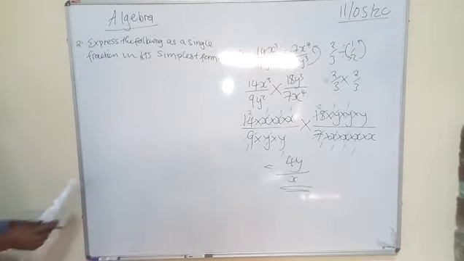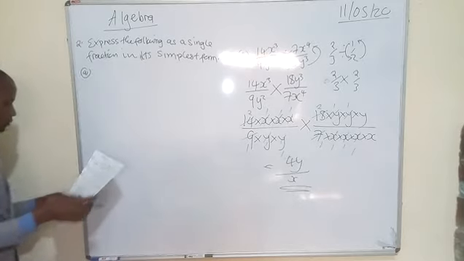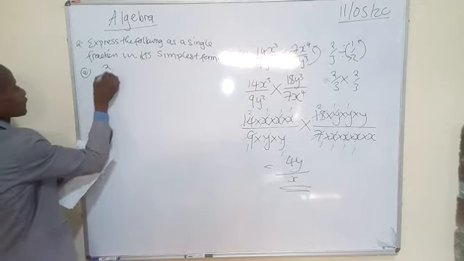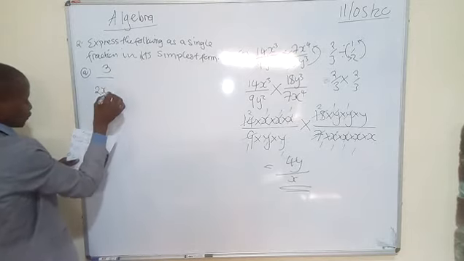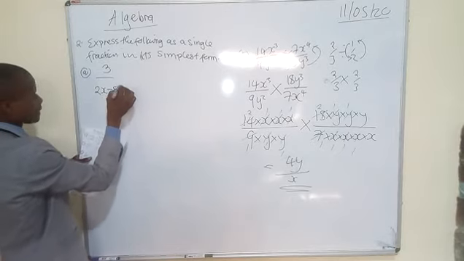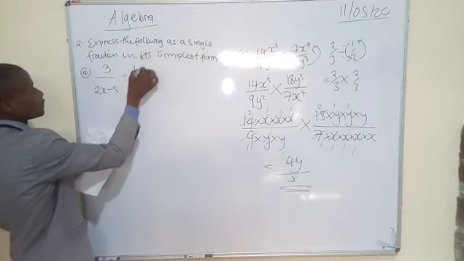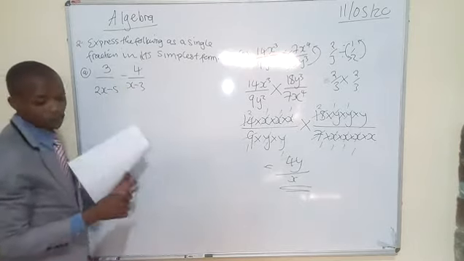So A, we have 3 over 2x minus 5, subtracted by 4 over x minus 3.